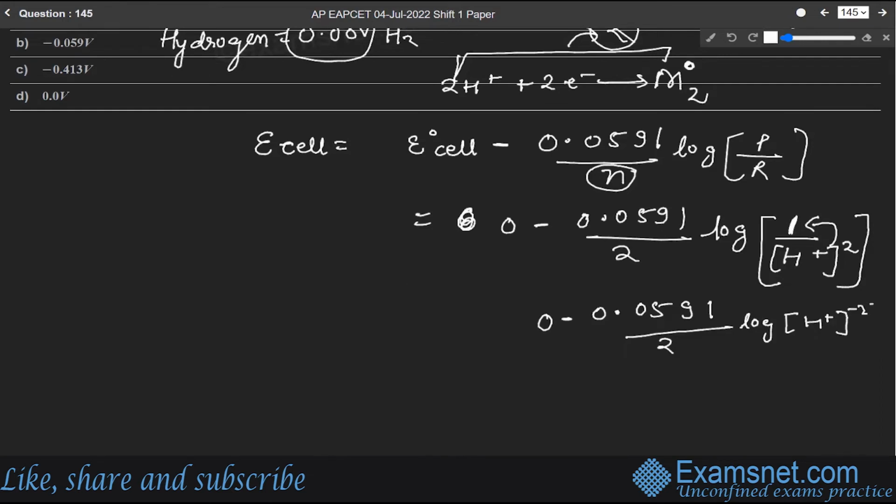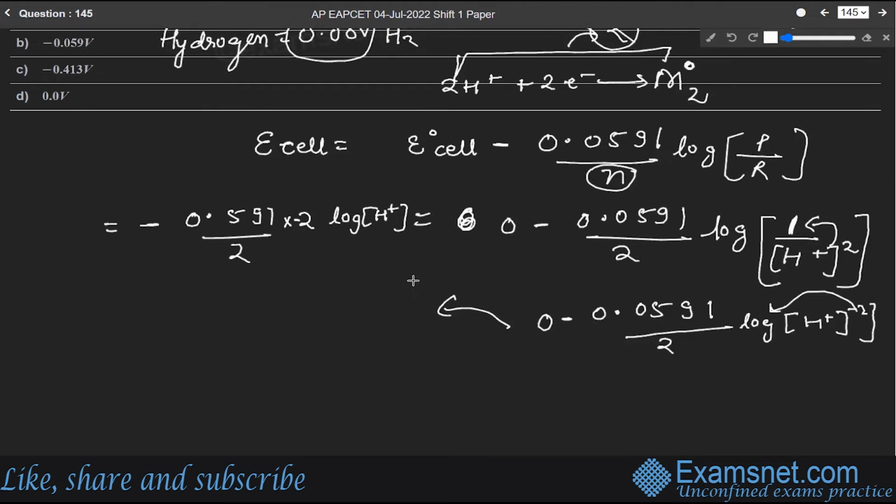So this minus 2 would come out of the bracket, the property of logarithm. So I'm solving this again here. That is minus 0.059 over 2, log, that's minus 2 basically, minus 2 log H positive. So this is what you're getting.